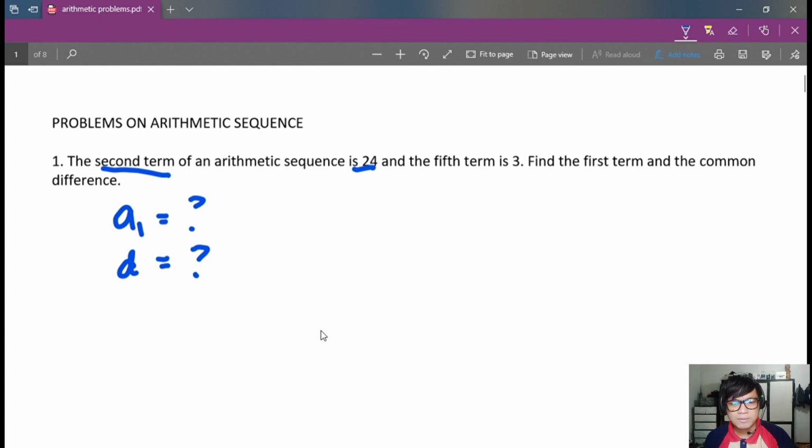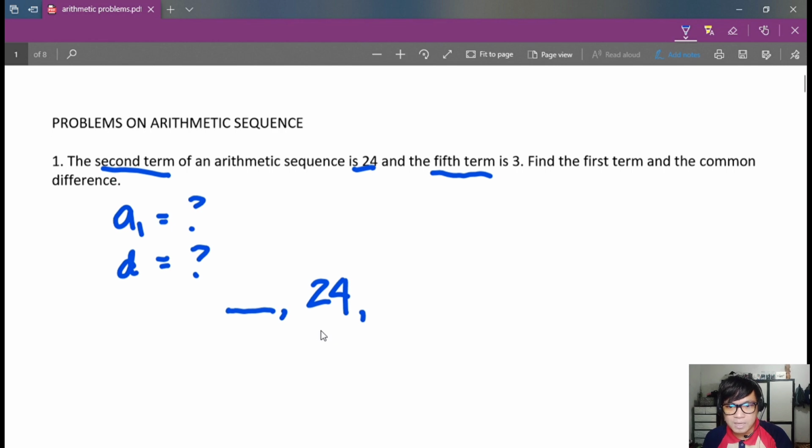Since yung first term is missing, naglalagay ako ng blank dyan. Then, the second term is given, which is 24. Then, we have also the fifth term, which is 3.